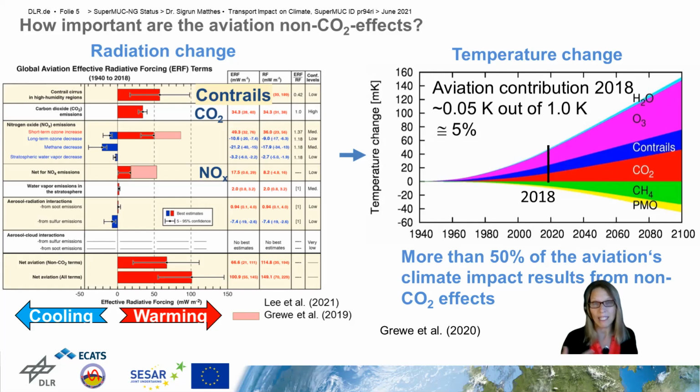If you want to translate this to an atmospheric surface temperature change, this is what is shown on the right. So if you bring this forcing to the atmosphere, you see that to this temperature change, aviation is contributing about 5% in the year 2018, with the total impacts with about 50% originating from the non-CO2 effects.